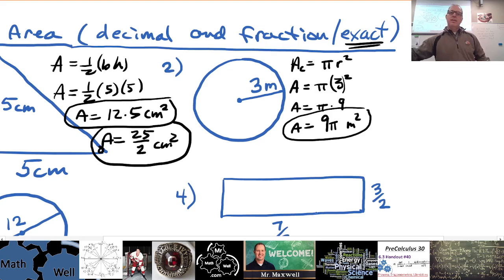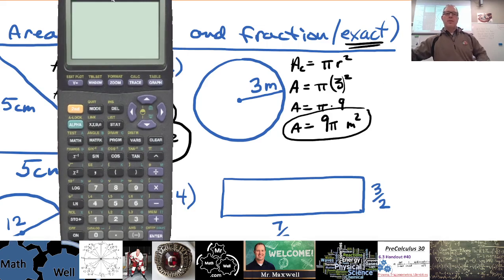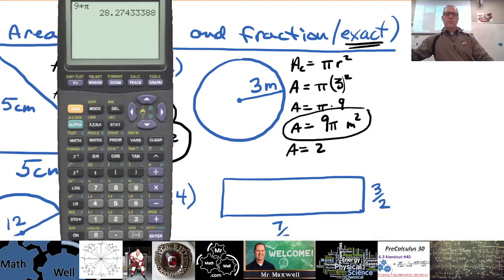Okay? In decimal form, what you do is you just jump on your calculator and you type that all in as it shows up. So we would go 9 times, and you would find your pi button on your calculator. And that's going to be 28.27. And how many decimals should you go to? Usually 2 is a good idea.